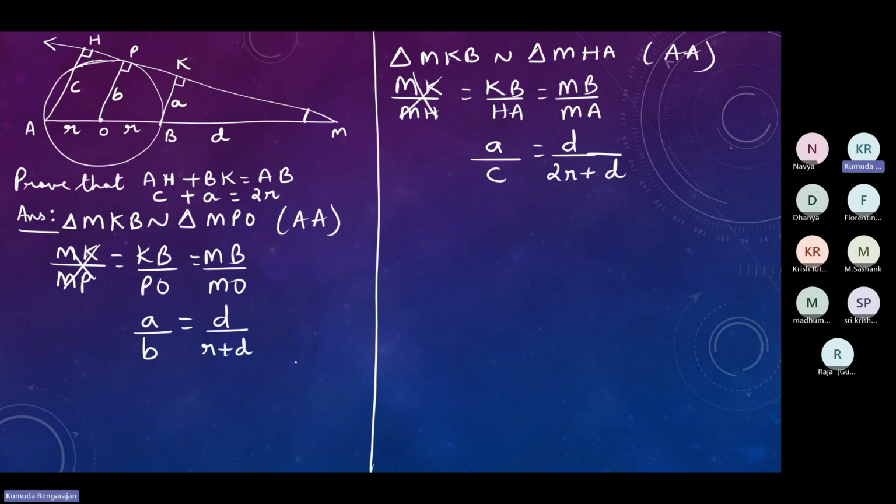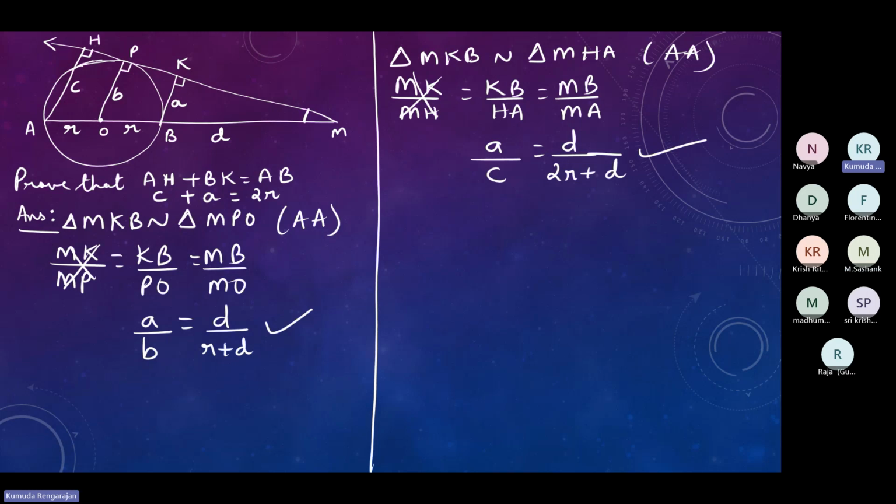Apart from C, A and R, what is common to both the proportions? Check this one and this one. We need C, A and R in the final result. Leave them.